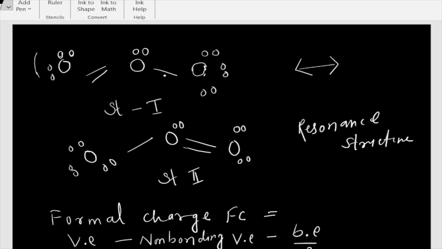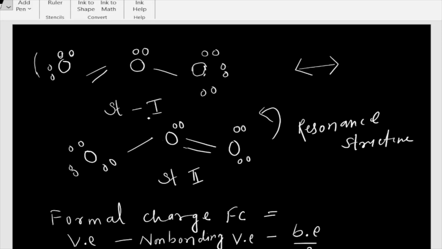The electron here is called the bonding electron, and this dot electron is called the non-bonding electron. You can observe this side as a double bond. Otherwise, if the electron flows from this side, then what happens? Here it becomes a double bond and this becomes a single bond.